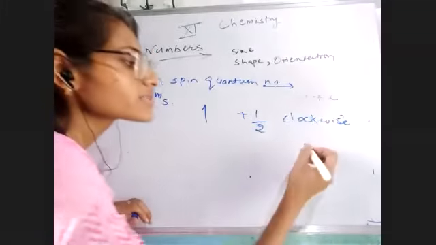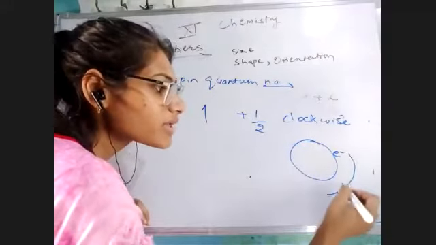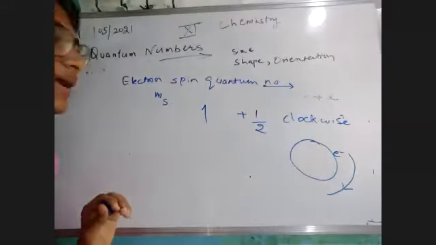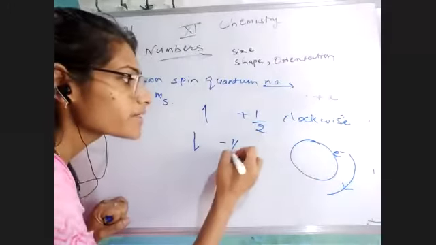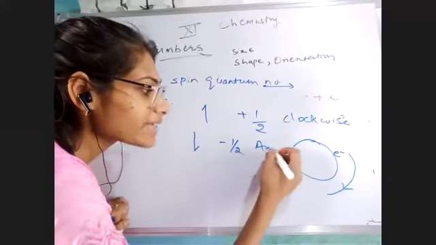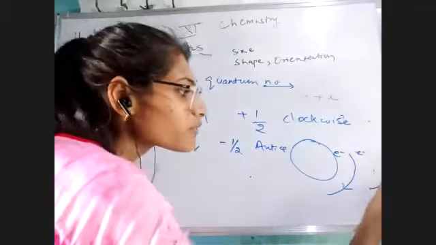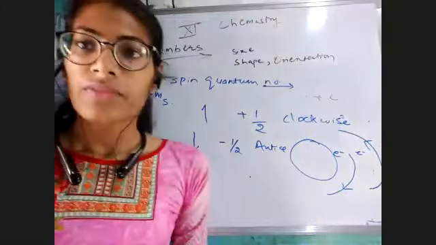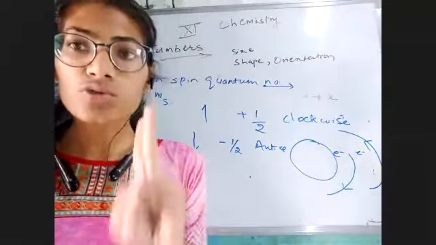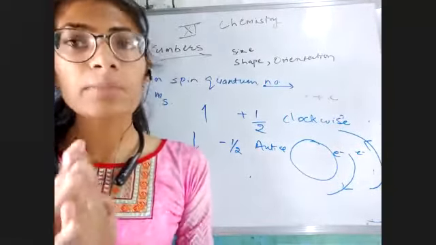That means in our orbital, the electron is moving in the clockwise direction. Similarly, if I represent this, it would be minus 1/2, that is anti-clockwise. That means my electron is revolving in the anti-clockwise direction. These were the only 2 possibilities for how the spinning of an electron can occur.